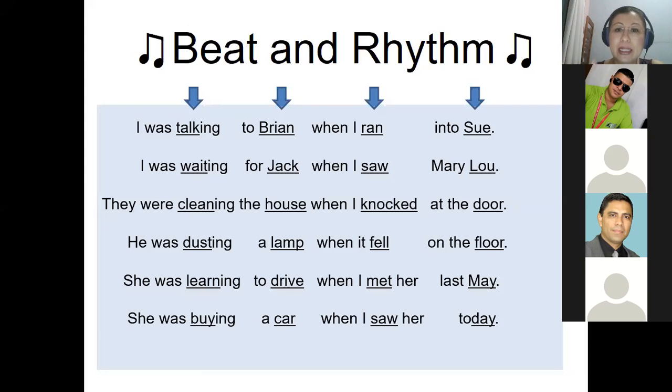Porque we have beat and rhythm and intonation. Intonation is, for example, when I say, oh my God, and I do it in a way that I'm showing that I'm admired or I'm excited about something.